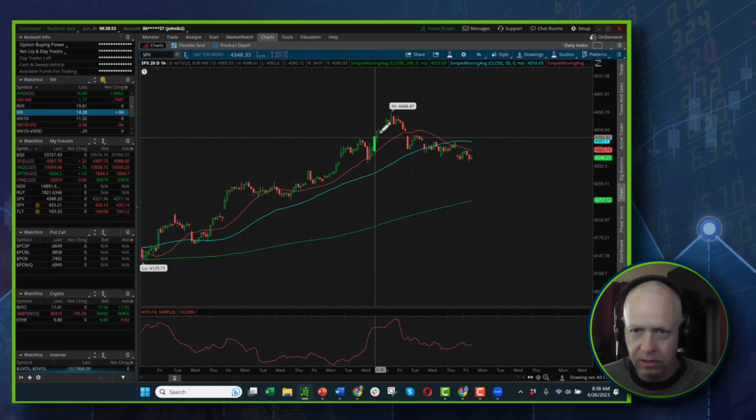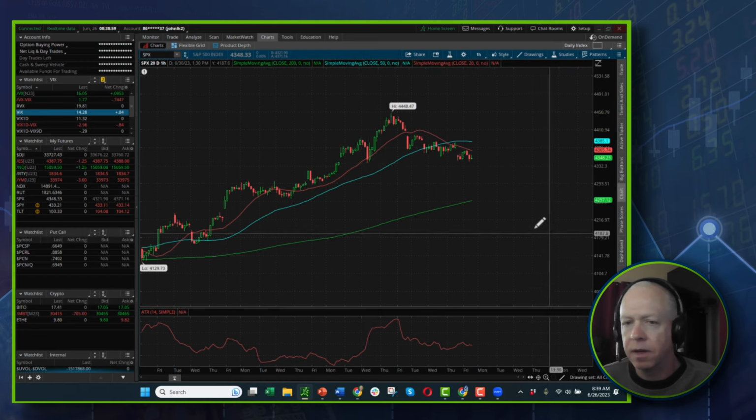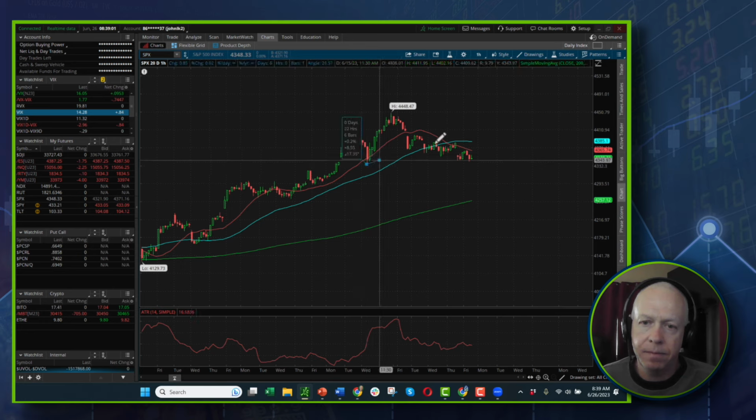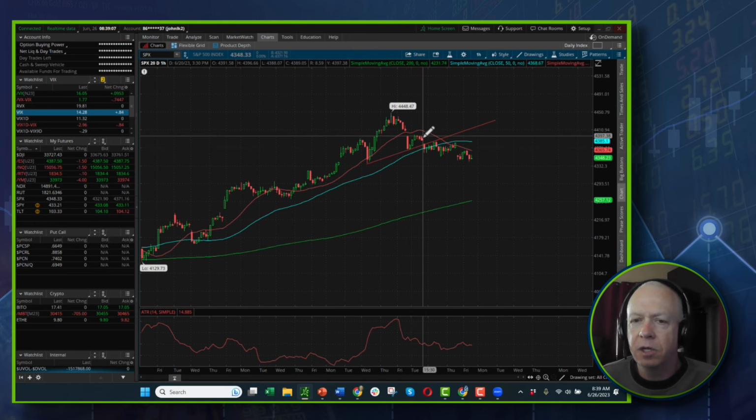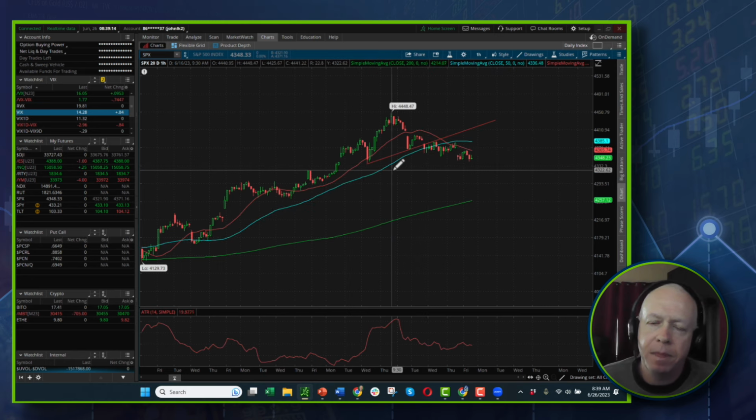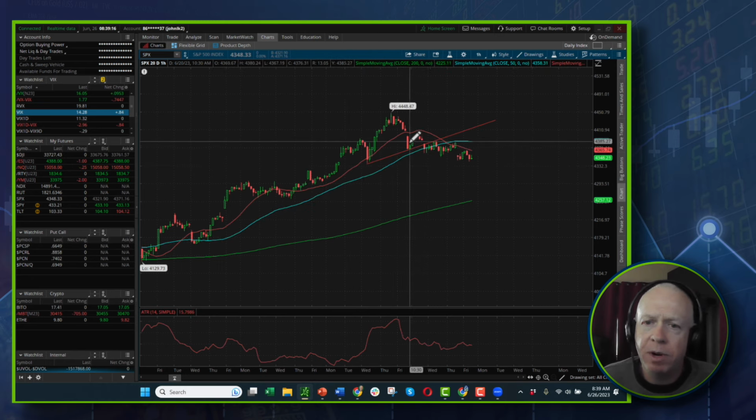So we have a shoulder here, we have a head here, we have a shoulder here, we have a neckline here. Okay, so shoulder, head, shoulder, confirmation of head and shoulders pattern, and then we're going to have a price pattern target.